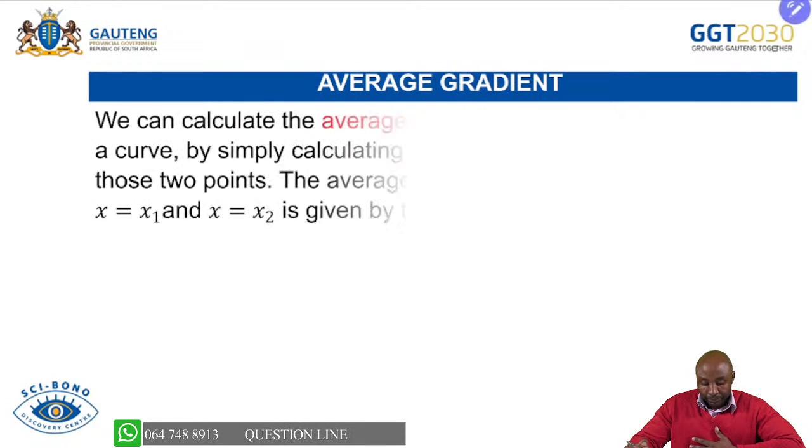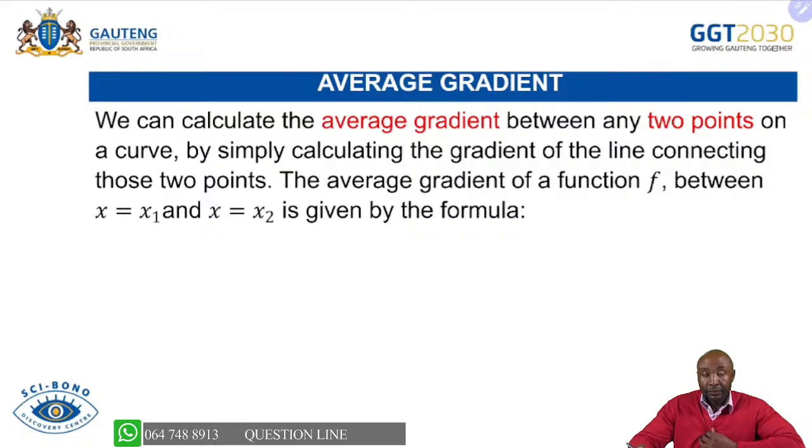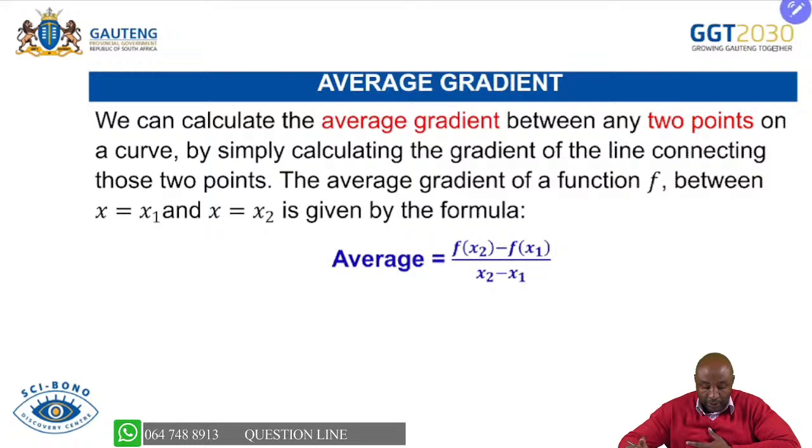We move on. Now, for the formula for calculating average gradient, we will just make a bit of change on the formula for gradient, as you will see here. So we just calculate the gradient of the line connecting the 2 points, and we get our average gradient as given there by the formula.